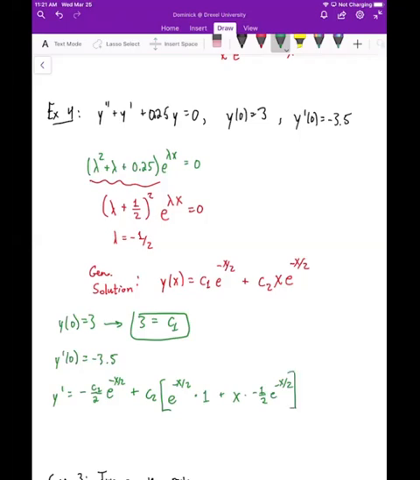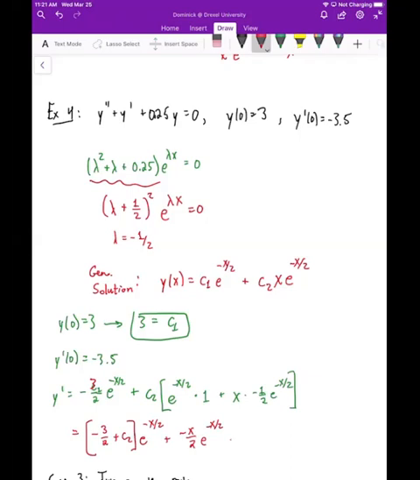Now, of course, we can use the fact that C1 is actually 3, and we can clean this up a little bit. So it looks like we're going to get a negative 3 over 2 plus C2 times e to the negative x over 2 plus negative x over 2 e to the negative x over 2.